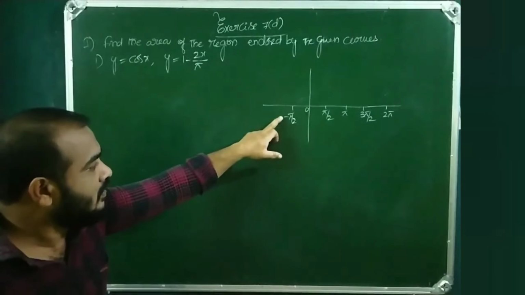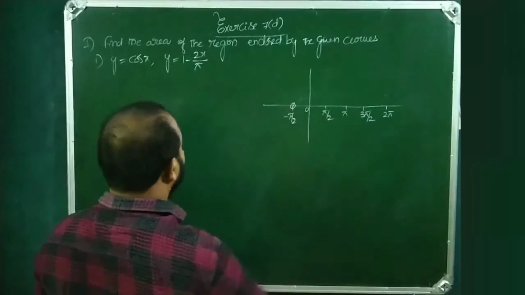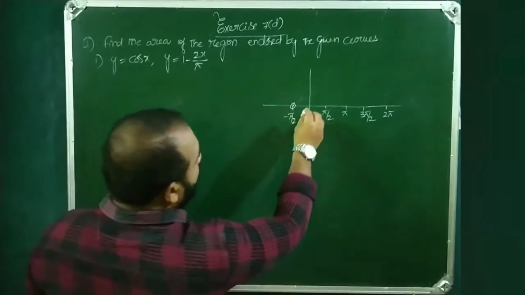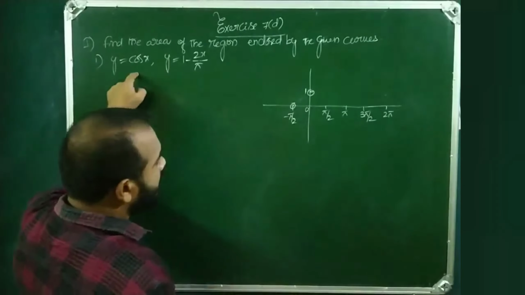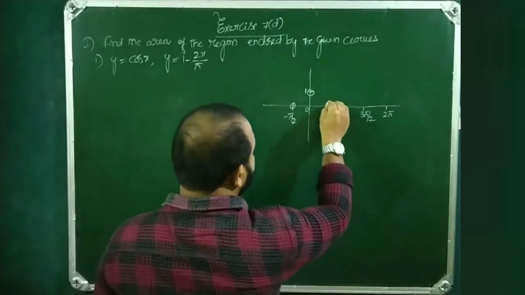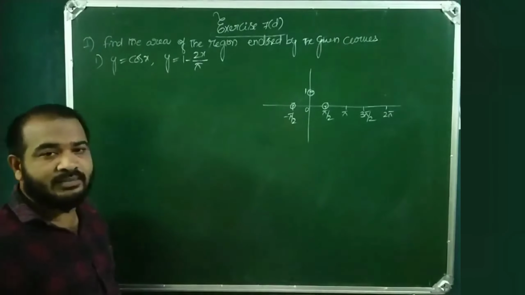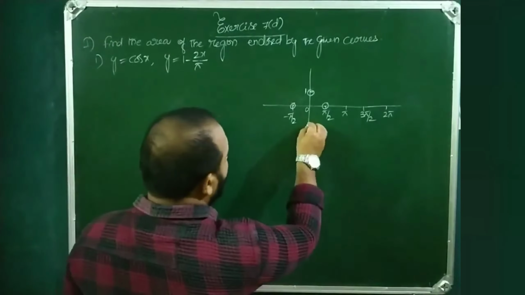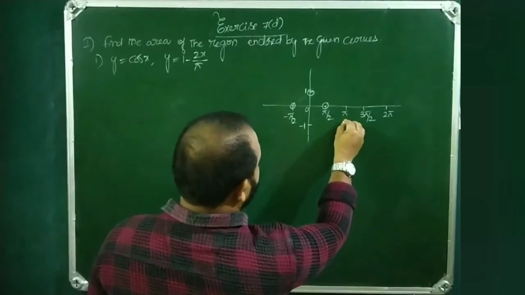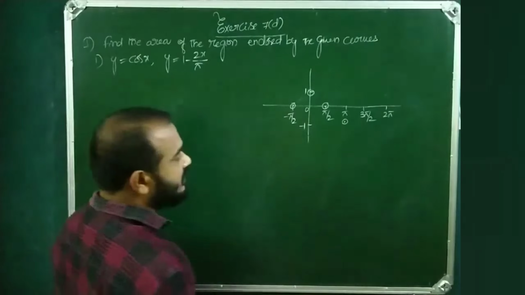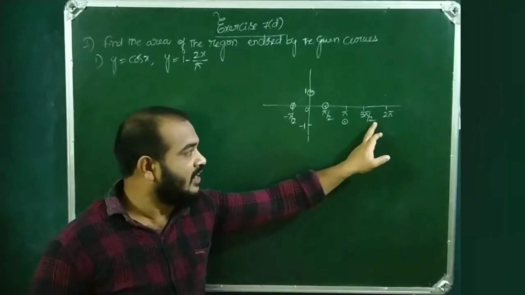Cos of minus pi by 2, cos 90, is 0. Cos 0 is 1. Cos 90 is again 0. Cos pi is cos of 90 plus 90, which is minus 1, so this will be this. Next, cos 3 pi by 2, which is 270.